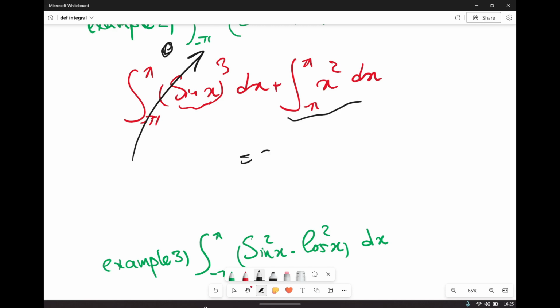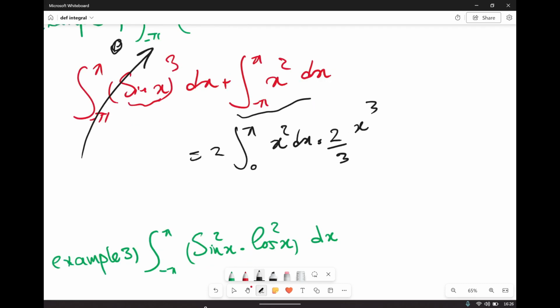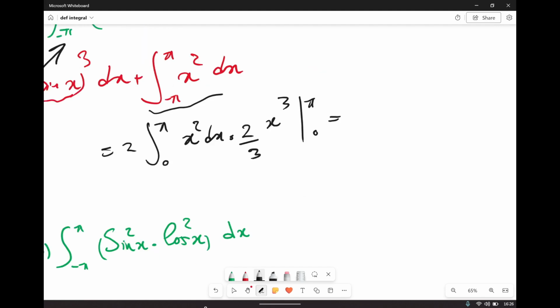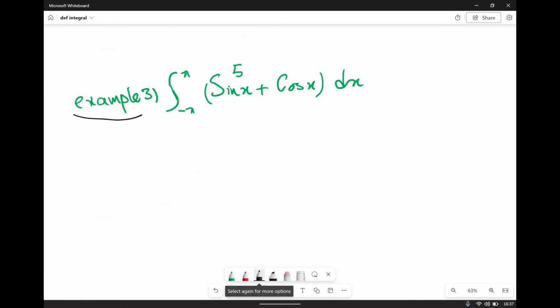I can write it as the integral of 0 to pi of x squared dx, times 2, which is 2 x to the power 3 over 3 between pi and 0. If I substitute pi, it is 2 over 3 pi to the power 3, and if I substitute 0, it is exactly 0. That is our total integral.